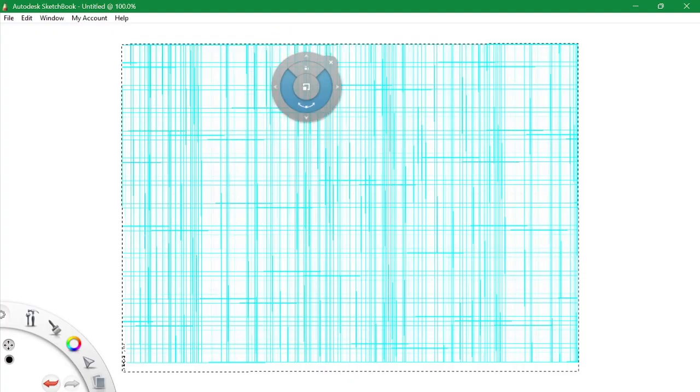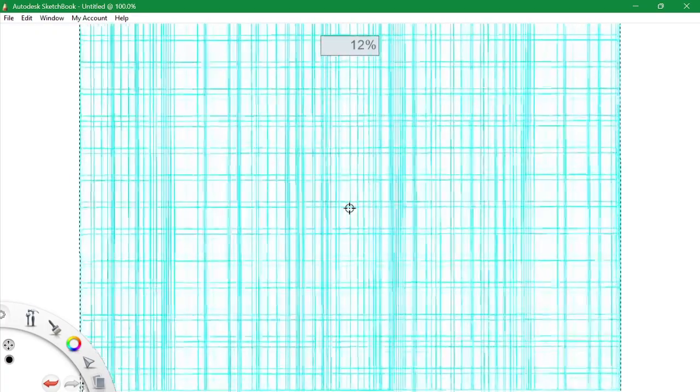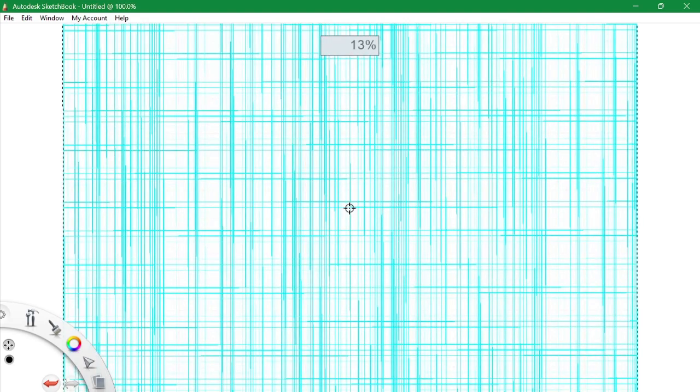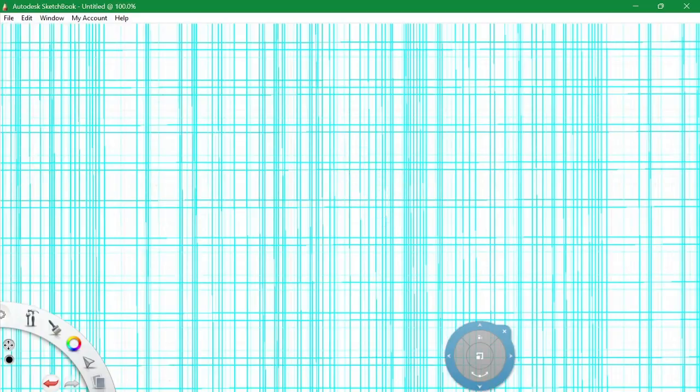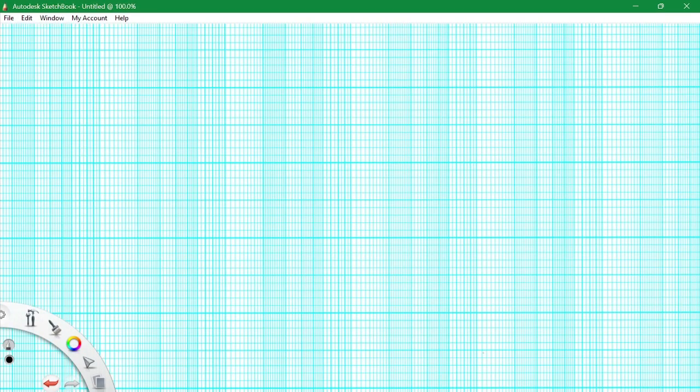So now I've got it, and now I want to make it a little bit bigger. Get rid of this guy. Okay, now this is it. This is my image, and I can mark on it or do whatever I want to with it, but this is basically what I got.